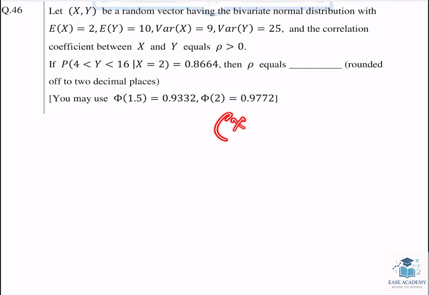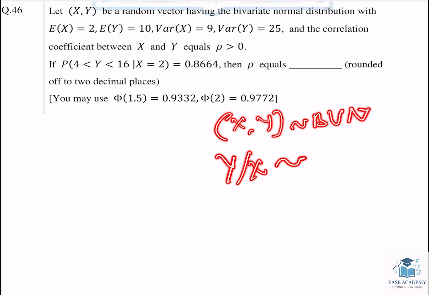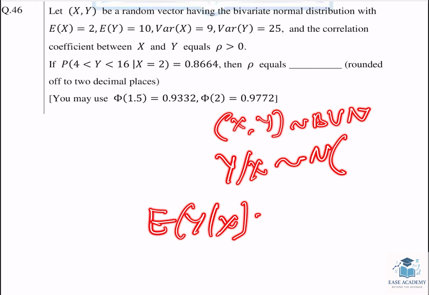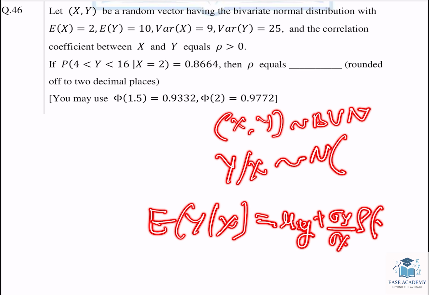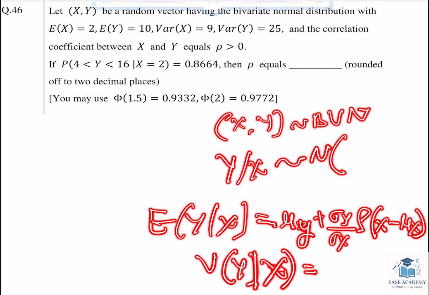We know that if X and Y follow a bivariate normal distribution, then the conditional distribution also follows a normal distribution, with mean E[Y given X] equal to mu_y plus sigma_y by sigma_x into rho into (x minus mu_x), and conditional variance of Y given X as (1 minus rho squared) sigma_y squared.